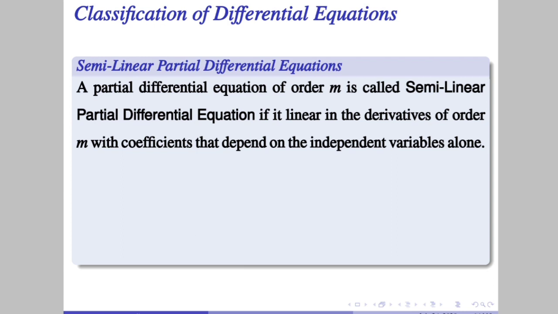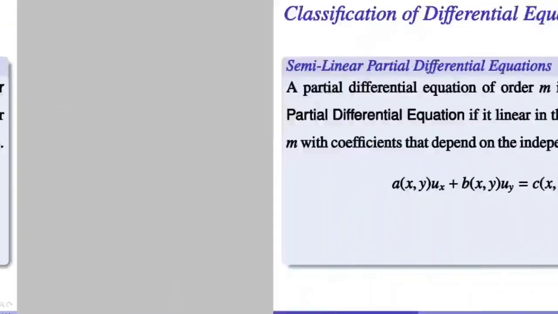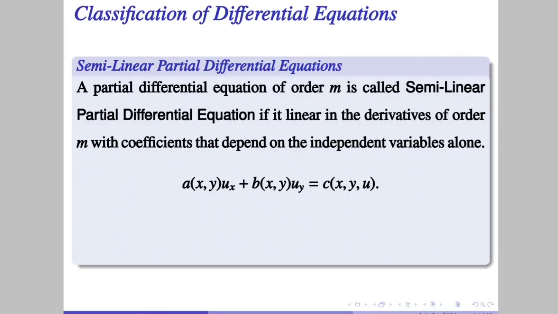That means the coefficients of the mth order derivatives contain only independent variables. For example, u is the dependent variable, x and y are the independent variables. So the coefficient of ∂^m u/∂x^m contains only x and y alone.